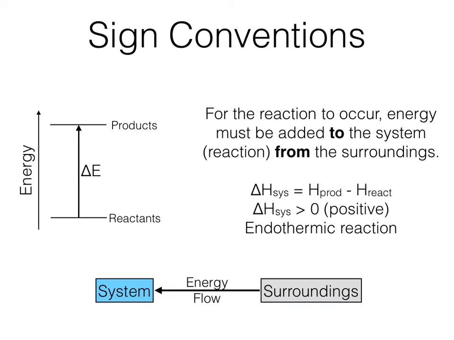Okay, so sign conventions for enthalpy. There are two conditions. Condition 1 is an endothermic reaction. In this case, for the reaction to occur, energy must be added to the system from the surroundings. And so the energy flow is going in this direction, from the surroundings to the system.